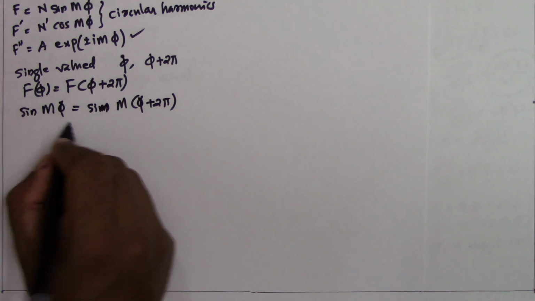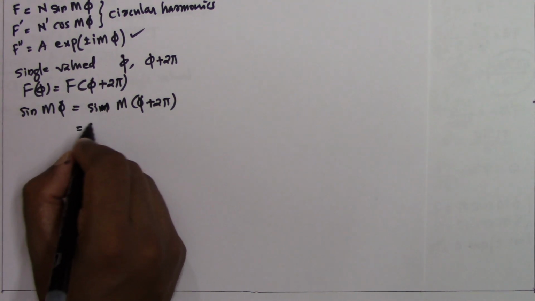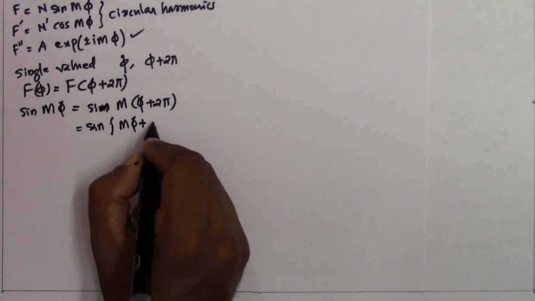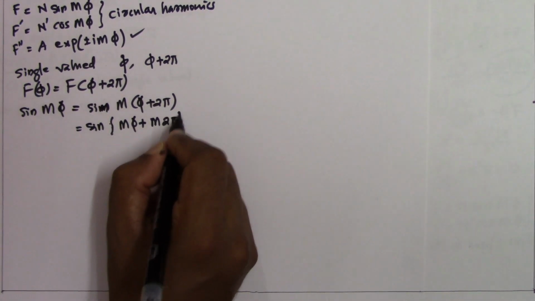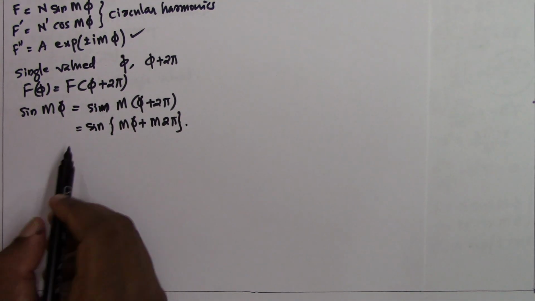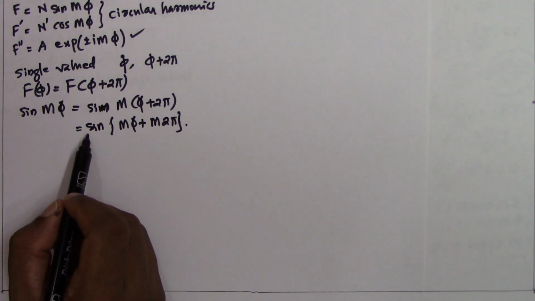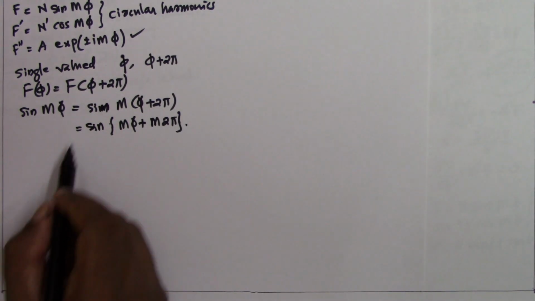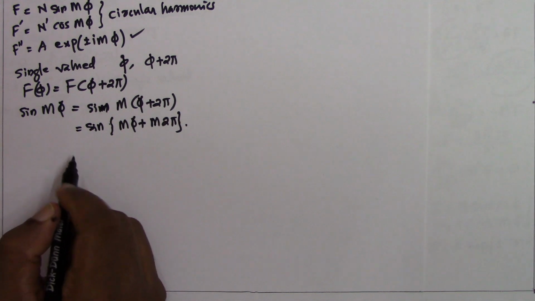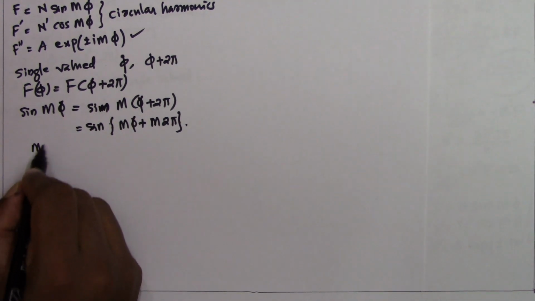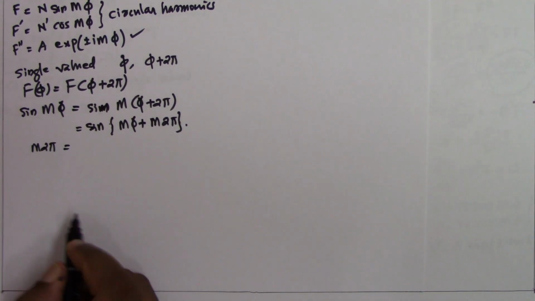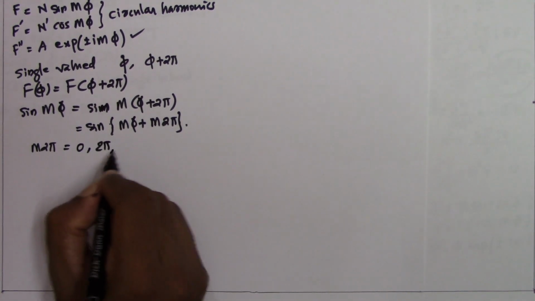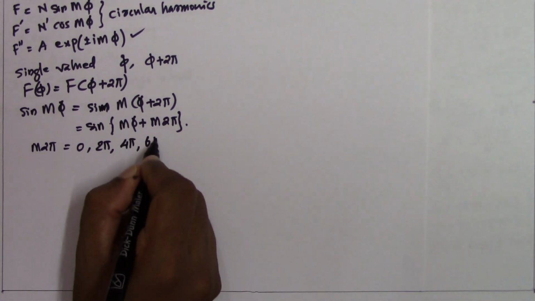It means that sine m phi is equal to sine of m phi plus m 2 pi. If this is to be valid, it means that m 2 pi must be equal to 0, or 2 pi, or 4 pi, 6 pi, etc.